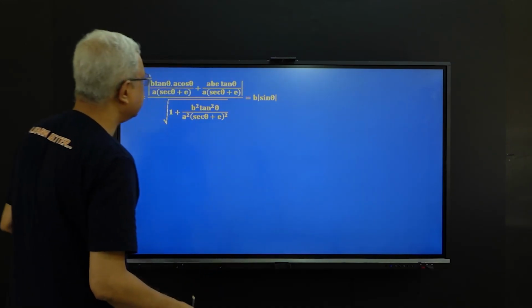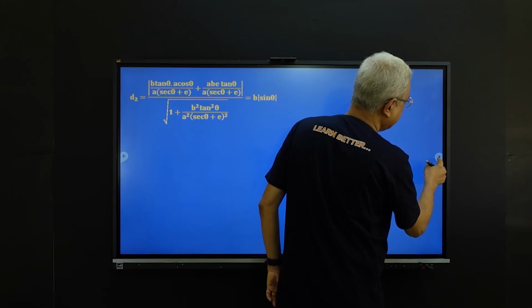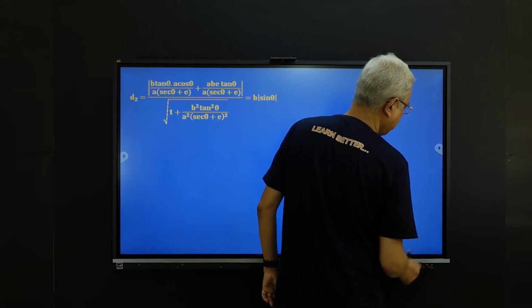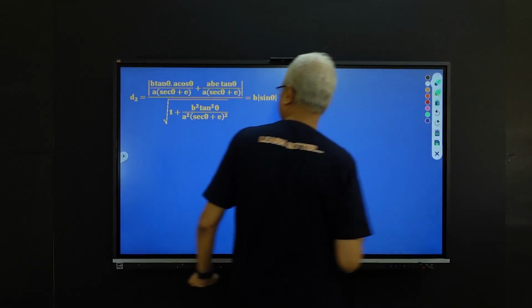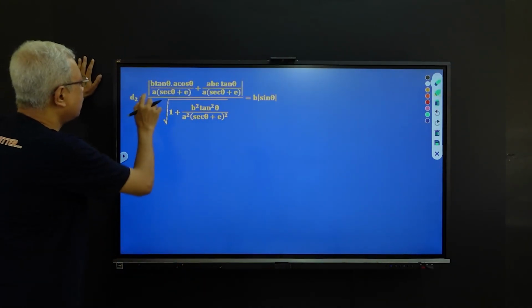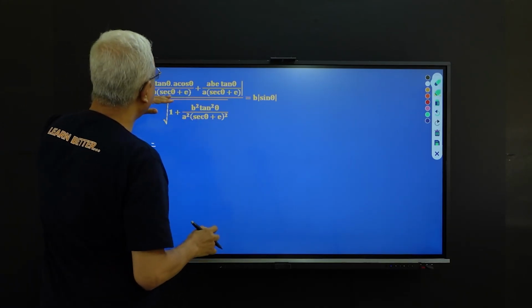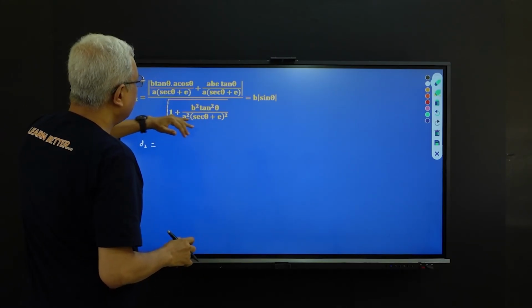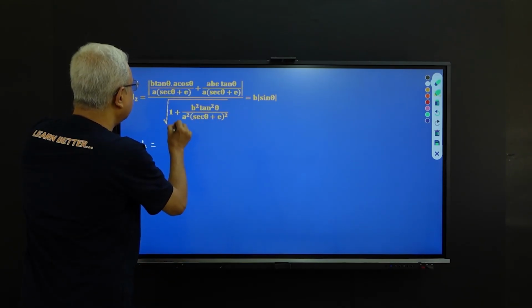Now what about d2? d2 is again a similar analysis. Once again I will carry out the steps for your convenience. So for d2, here it is a sec theta plus e, so I'll be left with this term.